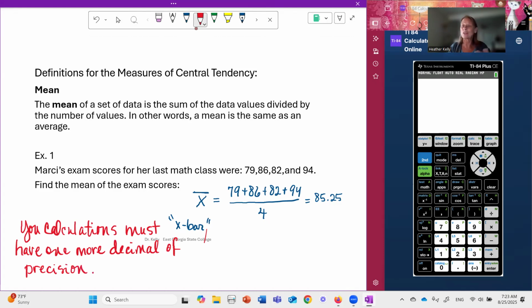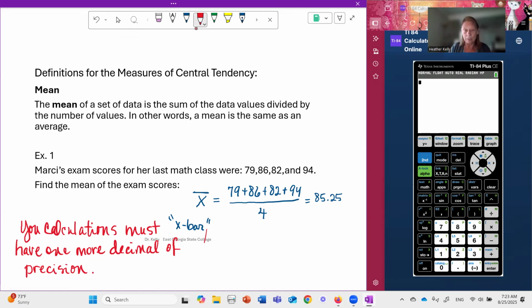Okay, and that's because there's a lot of rounding that happens, right? When you do your calculations, it's very rare that you have a decimal that doesn't repeat or is not an infinite situation. So we're always rounding, right? So the idea is to mitigate some of the errors that could come up from rounding by getting one more decimal of precision with every answer, hoping to encapsulate any of the errors that might happen from the rounding.